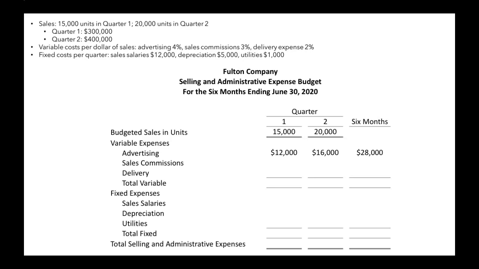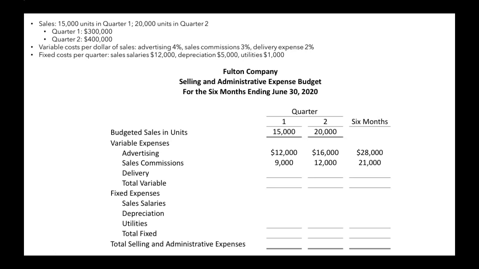Now sales commissions, that's going to be 3% of our sales dollars. So we take 300,000 times 3% and 400,000 times 3%, and we get 9,000 and 12,000 as our sales commission amounts for the first 2 quarters. We add those together and we see that in the first 6 months, we'll have $21,000 in sales commissions.